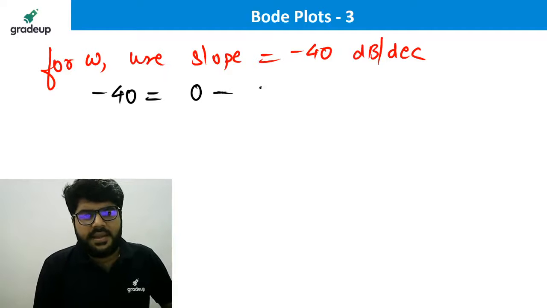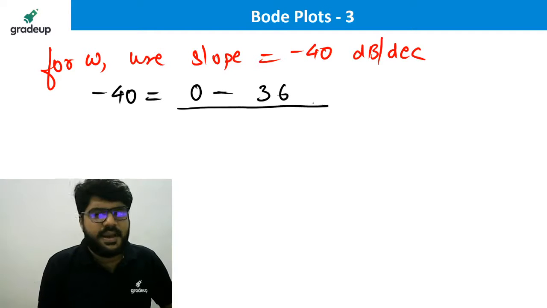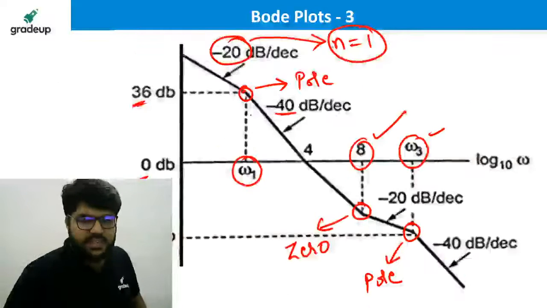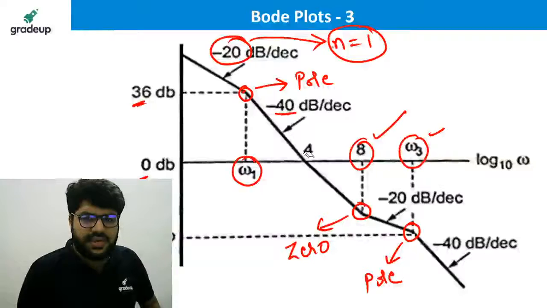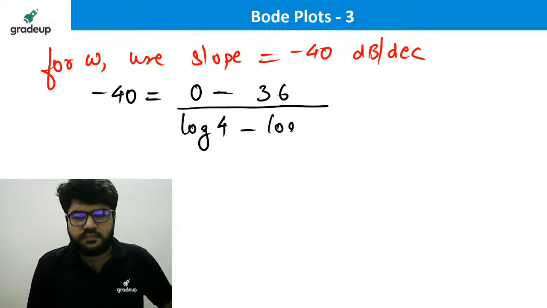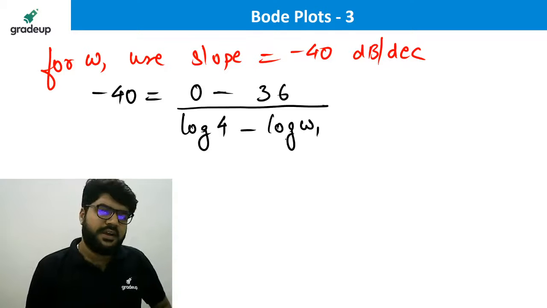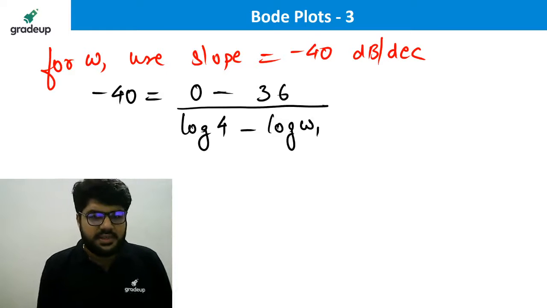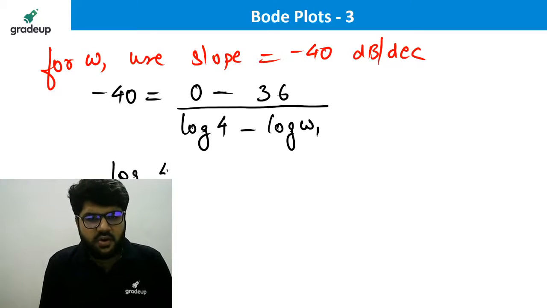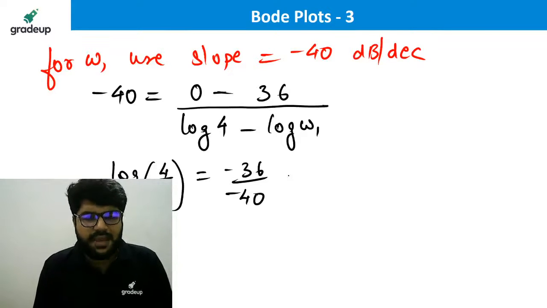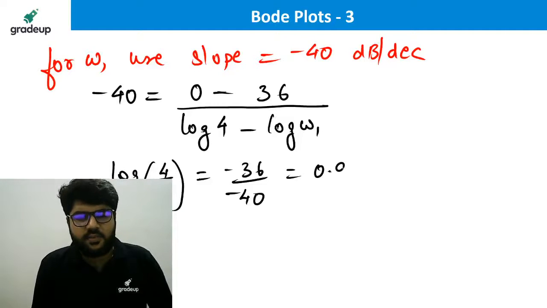0 minus 36 divided by log 4 minus log omega 1, because the frequency 4 is known and the first one is unknown. We need to solve this to get the answer. So log of 4 divided by omega 1 is minus 36 upon minus 40, that is 0.9.